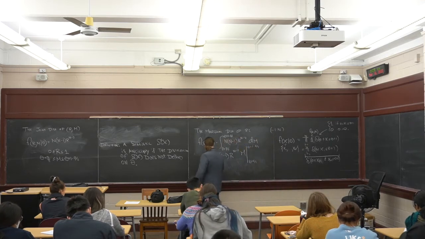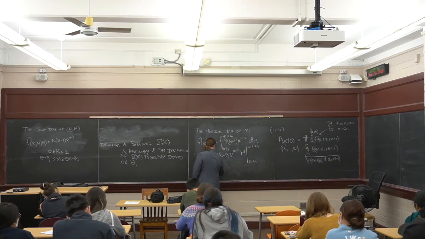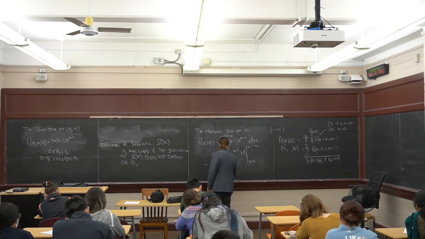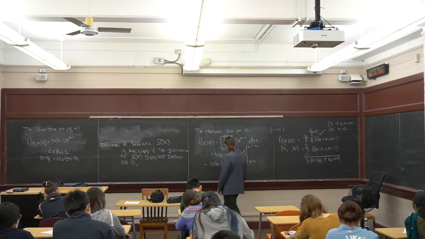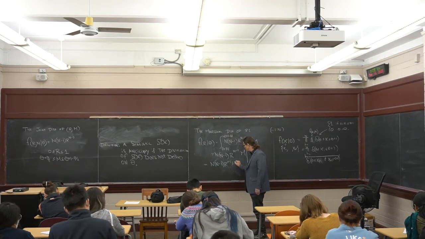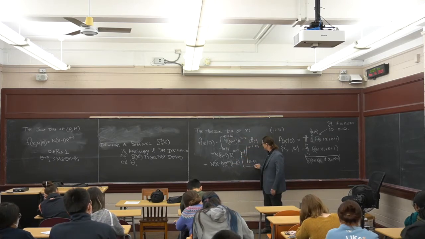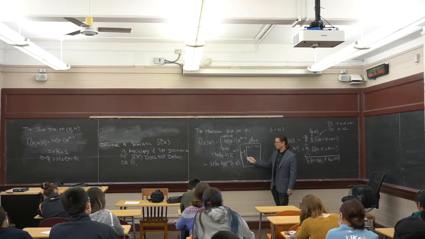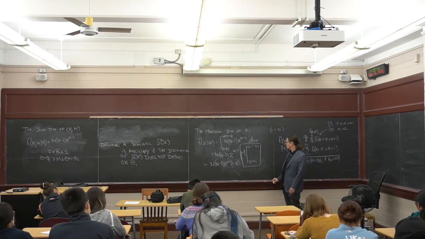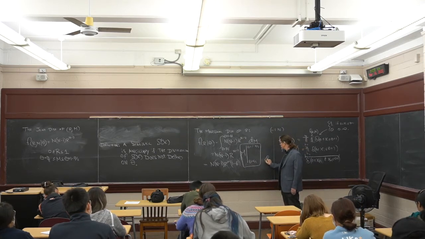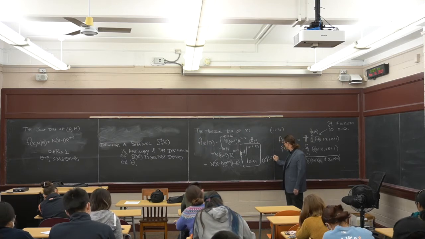And so this is going to look like this. n times n minus 1, r to the n minus 2, 1 minus r. So ultimately, this whole thing right here is just 1 minus r. And r still lives between 0 and 1.